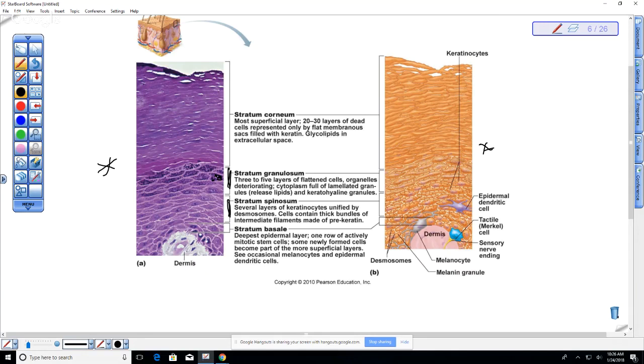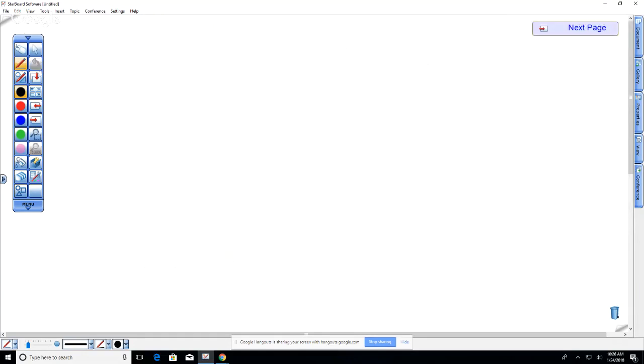So if we look at a disease that is, actually, we'll talk about the dermis first. So if we look at the dermis, there's actually two layers to the dermis that you need to know. The first outermost layer is called the papillary layer. And this connects to the epidermis.